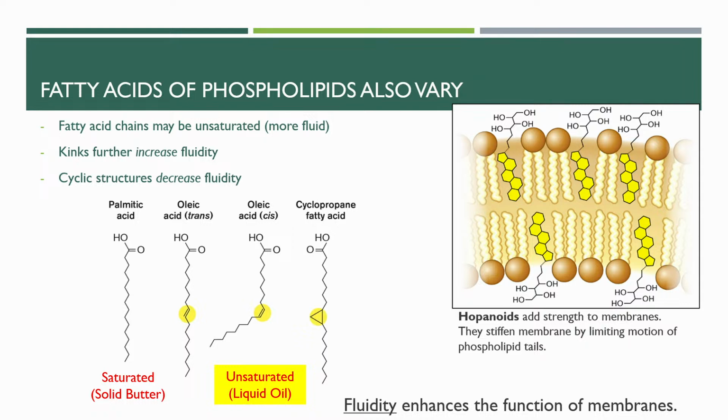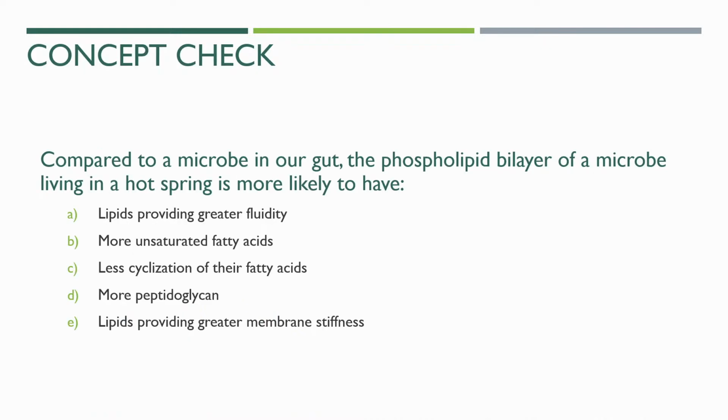Okay, any questions? Right, so given this information, let's do a quick concept check. So compared to a microbe in our gut, the phospholipid bilayer of a microbe that's living in a hot spring is more likely to have what?